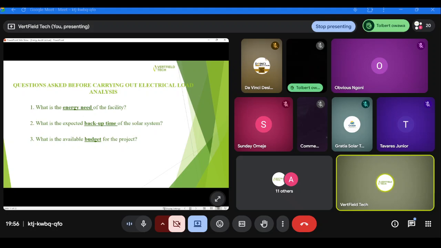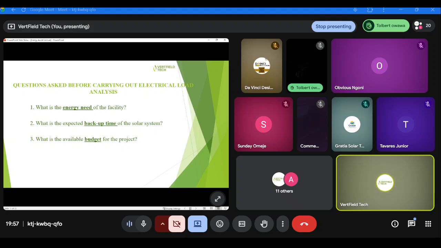Now, if Mr. Junior is new to solar systems, or not electrically inclined, he might not have the knowledge of that technical term, energy need. So we need to break it down for him in order for him to have a clearer understanding of what we're talking about.